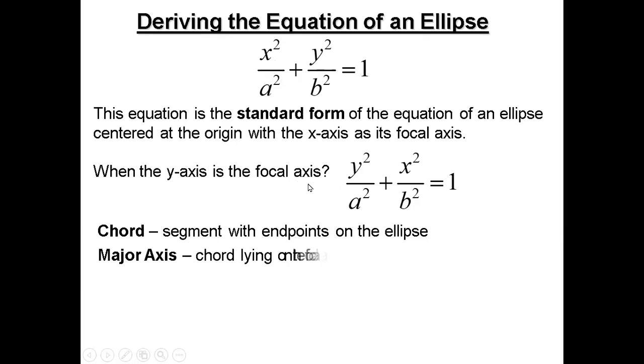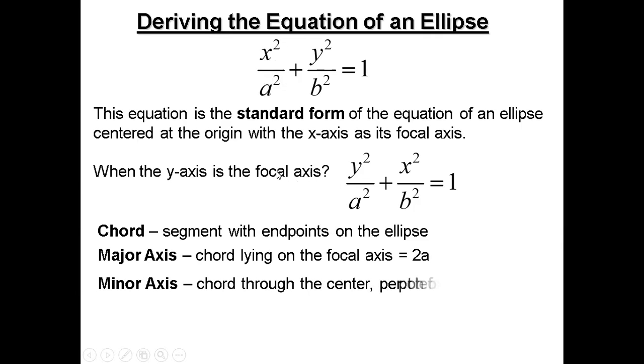It's a segment with endpoints on the ellipse. The major axis is the chord lying on the focal axis, which is equal to 2a. The minor axis is the chord through the center perpendicular to the focal axis, which is equal to 2b.